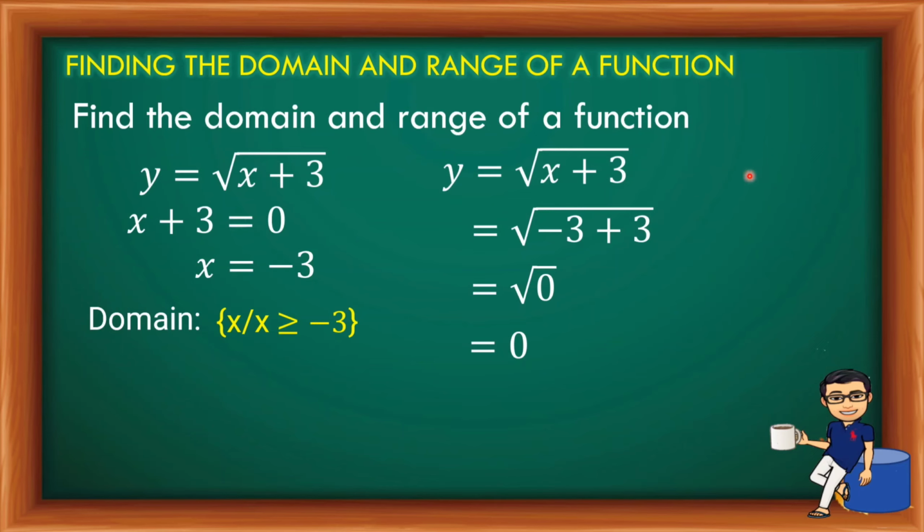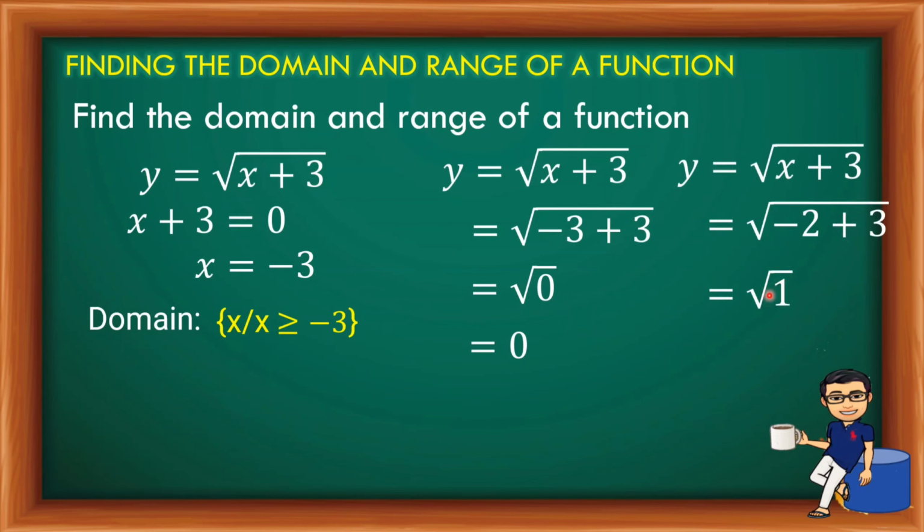Yung mas mataas sa kanya, negative 2. Try natin ang negative 2 na i-substitute. Negative 2 plus 3, that will be square root of 1. At ang square root ng 1 ay 1. Pwede rin ngayon ito. Tumataas na naman yung sagot. Ibig sabihin, ang range natin ay greater than or equal to 0.